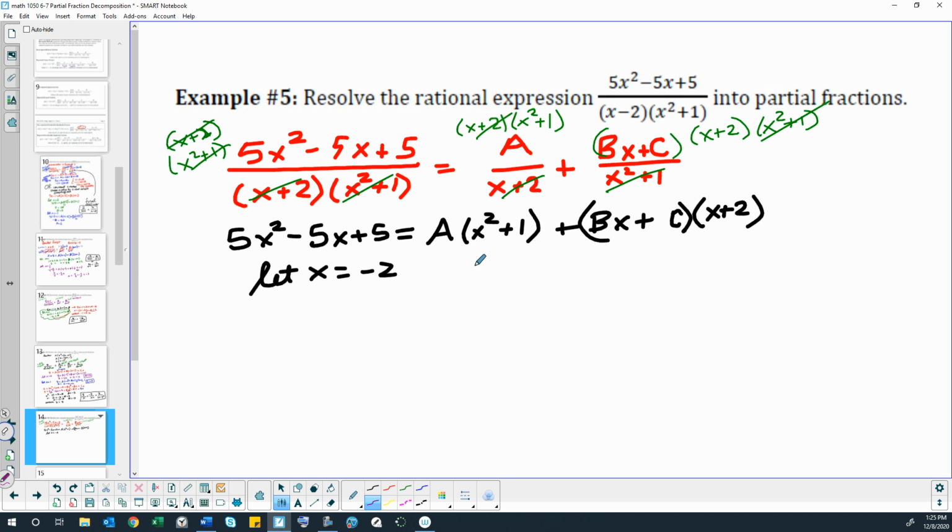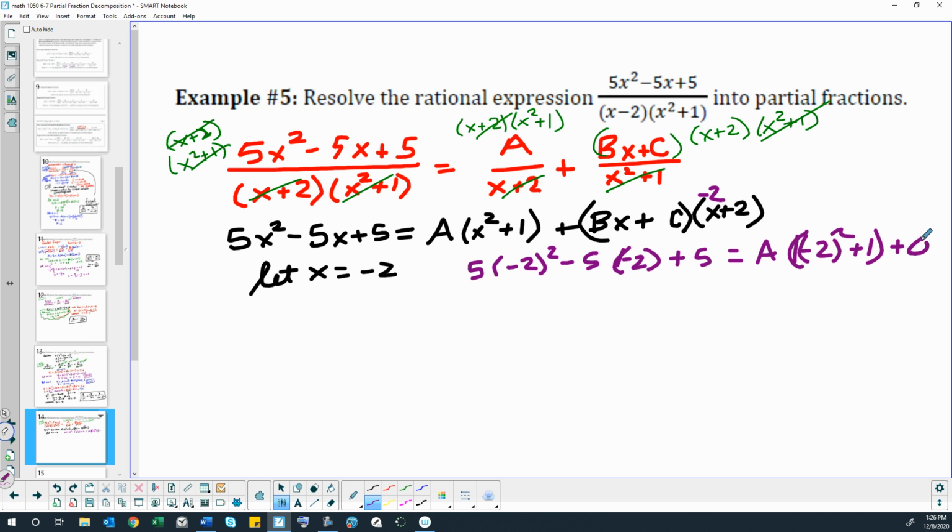So 5 times -2 squared minus 5 times -2 plus 5 equals A times -2 squared plus 1, and then this part with the -2 will turn into 0.